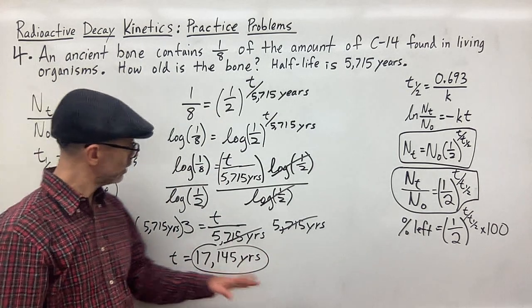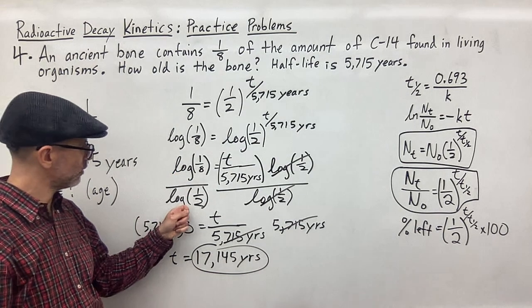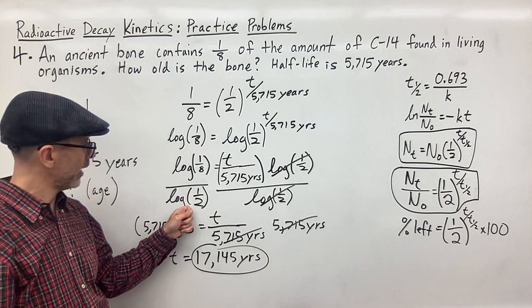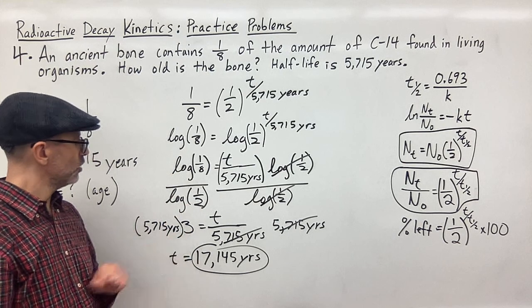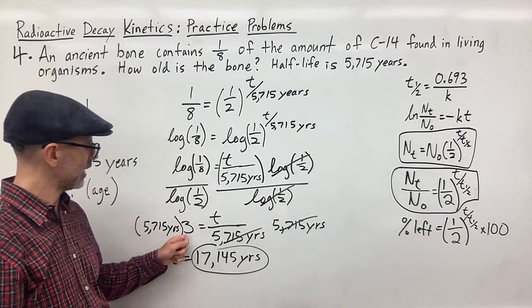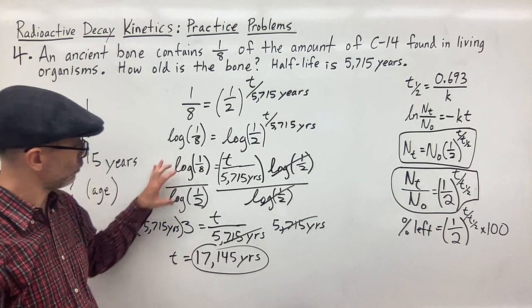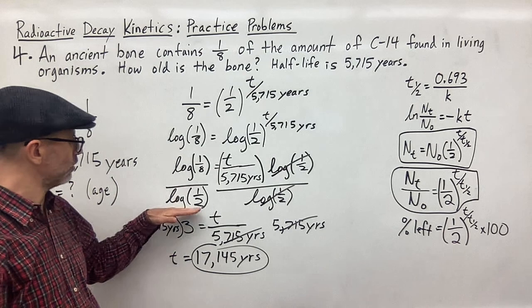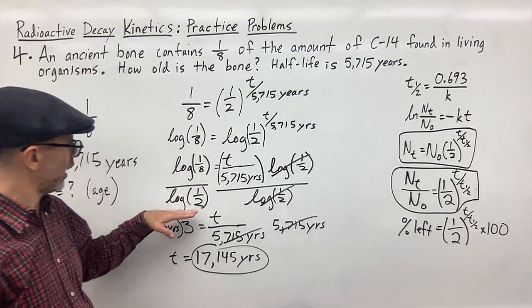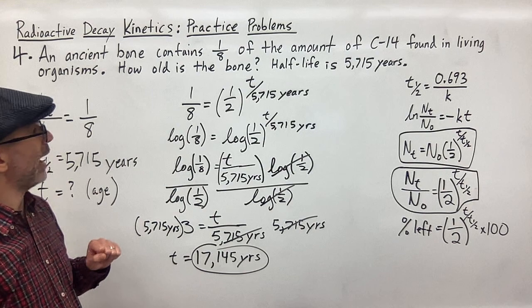Now, let's go back to this 3. So when I took the log of 1/8 divided by the log of 1/2, I got 3. So why did I get the exact number 3? Well, other than the fact that that's how the logs work here, let's take a look at this number.